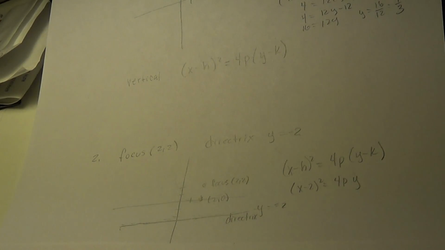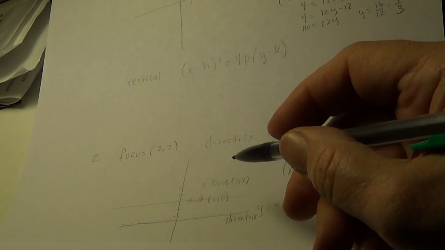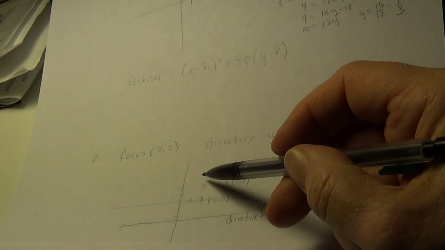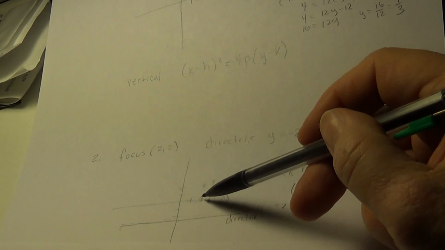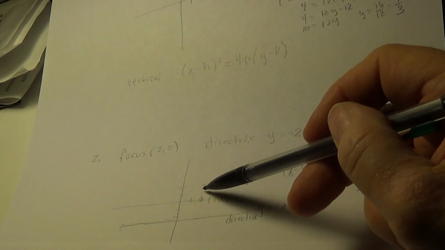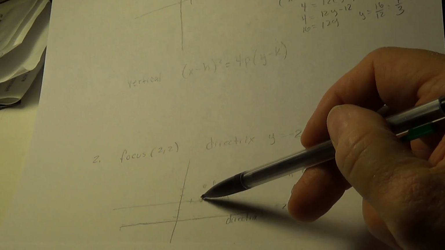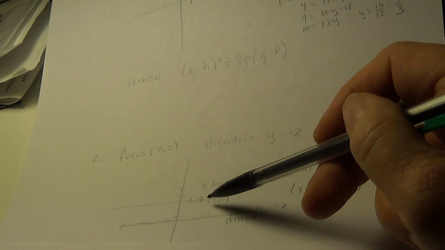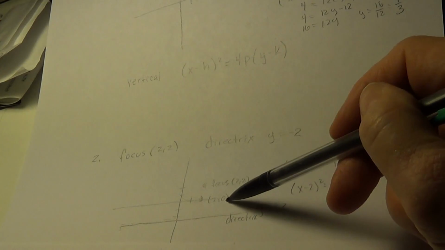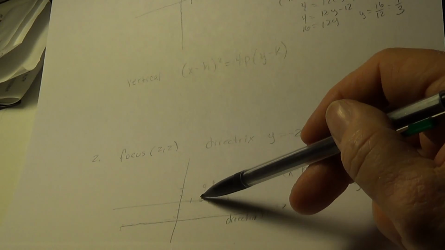So now all I don't know is p. Can you find p? From your previous p training, you see that p was the difference between the focus and the vertex right here. So if we were at 0 for the y and we went up 2, this is p.